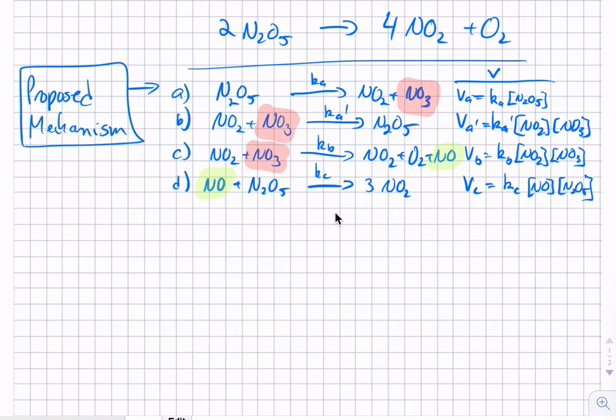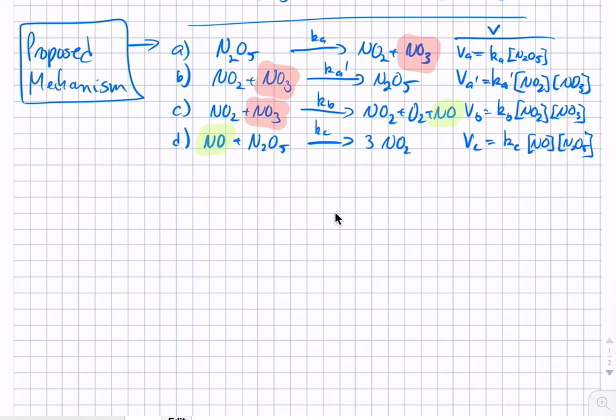So if we continue on with the steady state approximation, what we're going to do then is say that the change of NO with respect to time is going to equal 0, and we need to ask, what is it that can change the quantity NO, or I should say which rates will change the quantity of NO. So we see from our highlight above, VB will increase NO, so I'll write plus VB, and VC will decrease NO, so I'll write minus VC.